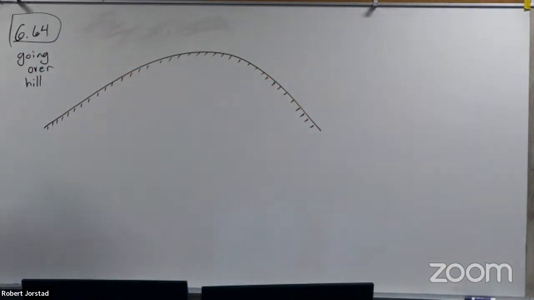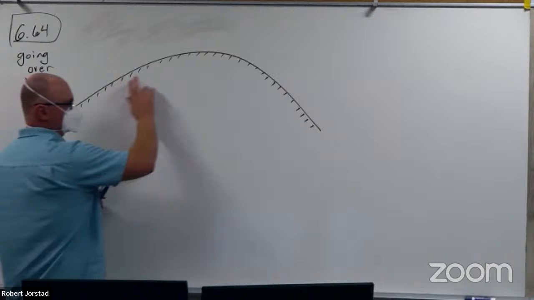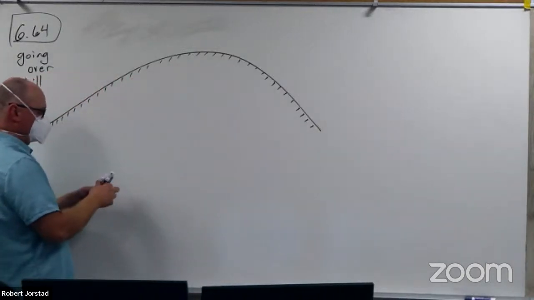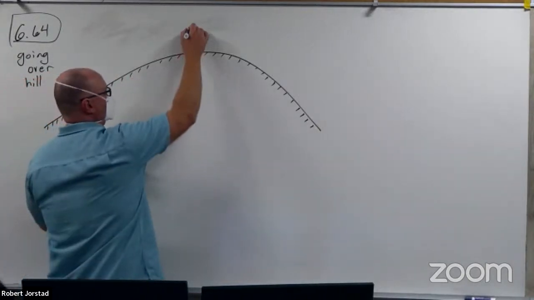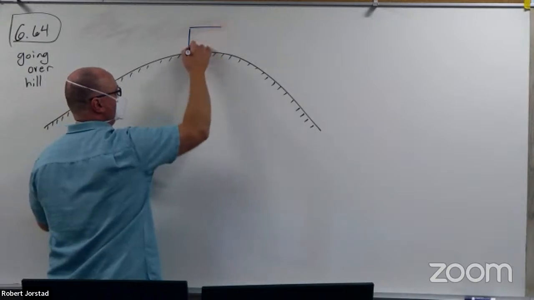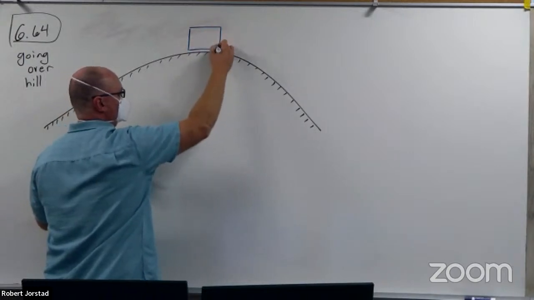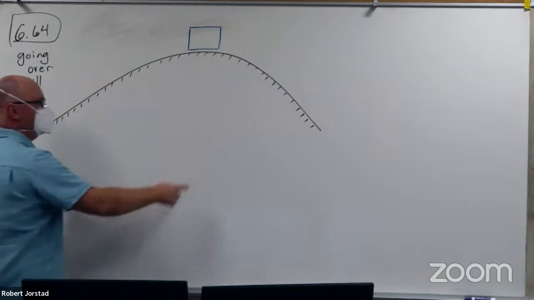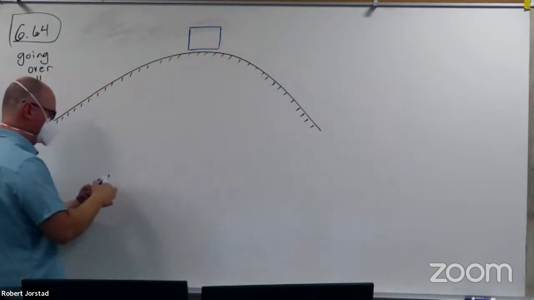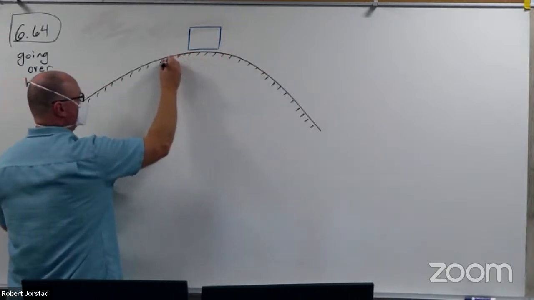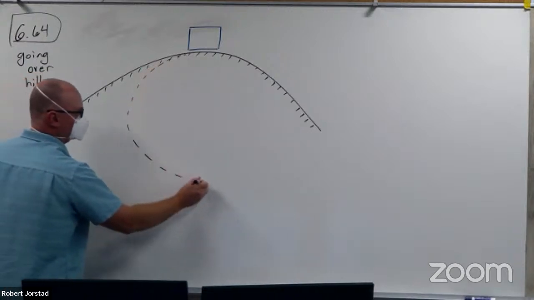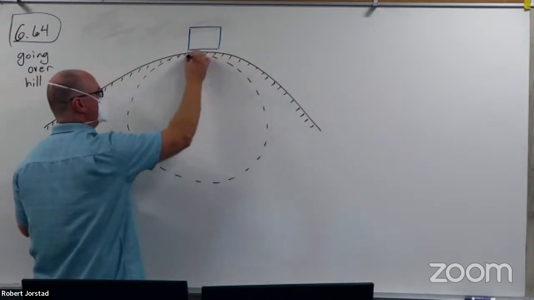This is a cool trick that always works. What we're going to do is say, look, this road shape is not circular, but I do know if I had a block right here at the top, I could model this portion of the track as being circular. One portion is approximately circular right there.